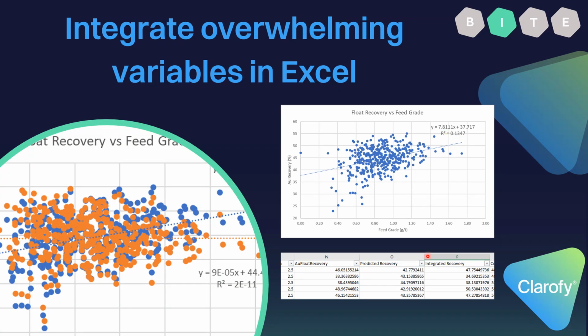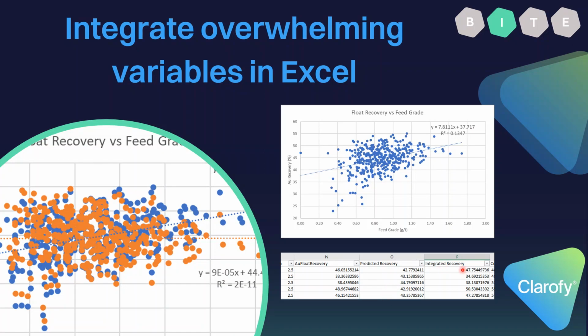So that's all you need, and what you need is two new columns. So you've got your normal recovery column, which is these blue dots. You make a predicted recovery column. Let me move myself to the other side so you can see. So you've got your predicted recovery column, and what you're doing here is just putting this line formula into here, so you're having the straight line numbers.